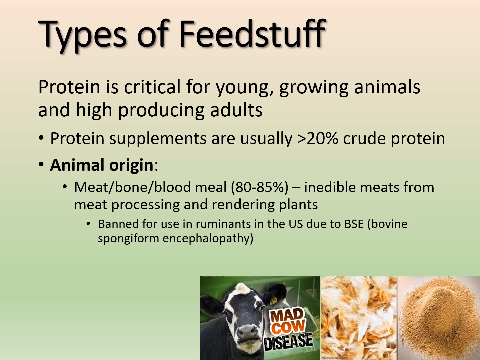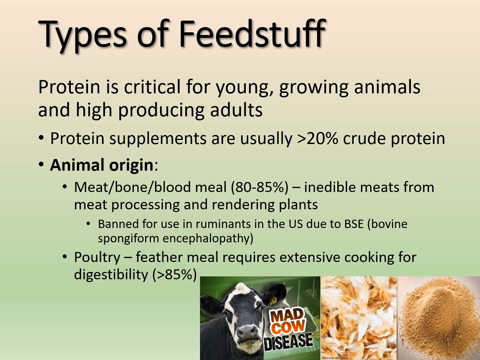But these guys have been banned in the US as a feed, as a supplement for ruminants due to the bovine spongiform encephalopathy, so also known as mad cow disease. So they've just banned it across the board for the use in ruminants. But we can use this in other animals because it is a very good source of protein, very high in protein, very digestible. So it is a great source of protein.